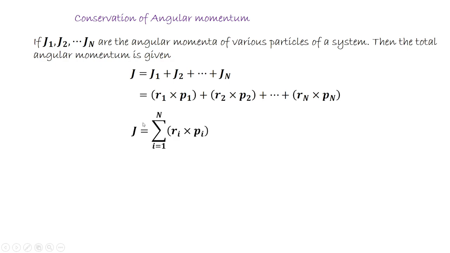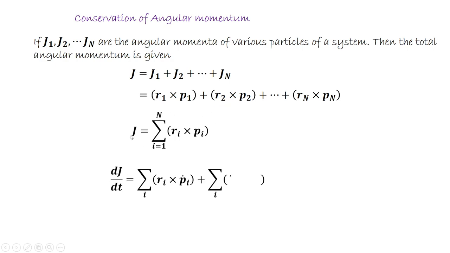Then you can sum this up, with i equal to 1 to n, which means we are talking about an n particle system. So this is the n particle system angular momentum.